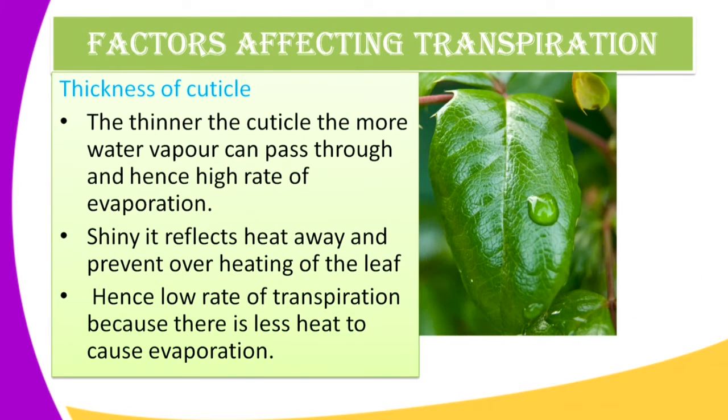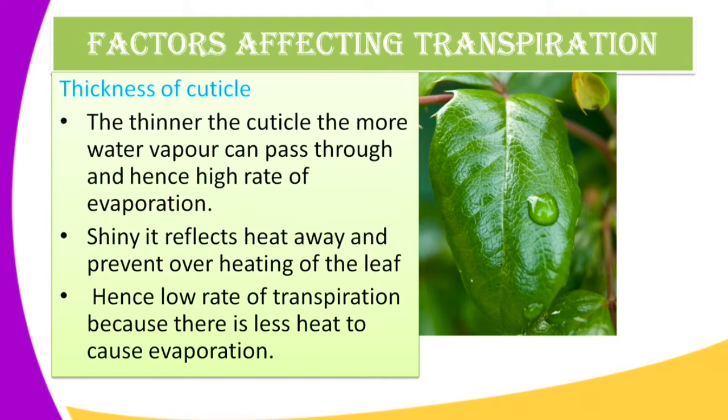Another structural factor that affects the rate of transpiration is the thickness of the cuticle. The thinner the cuticle, the more water vapor can pass through, and hence a higher rate of evaporation. The cuticle is the thin waxy layer that you find on the surface of the leaf.